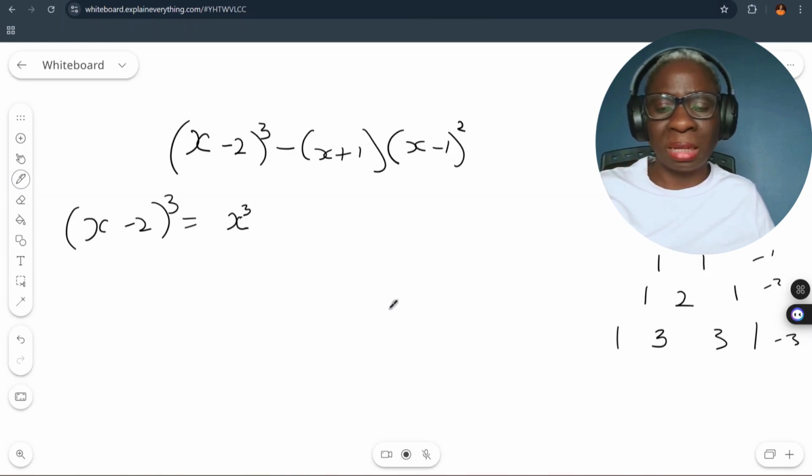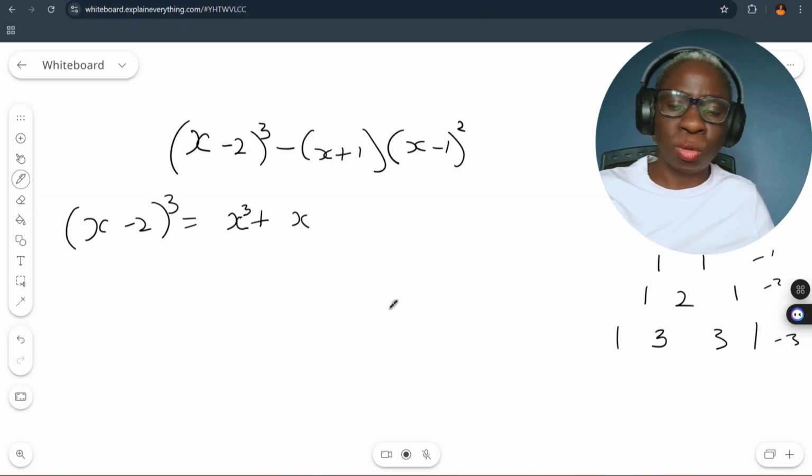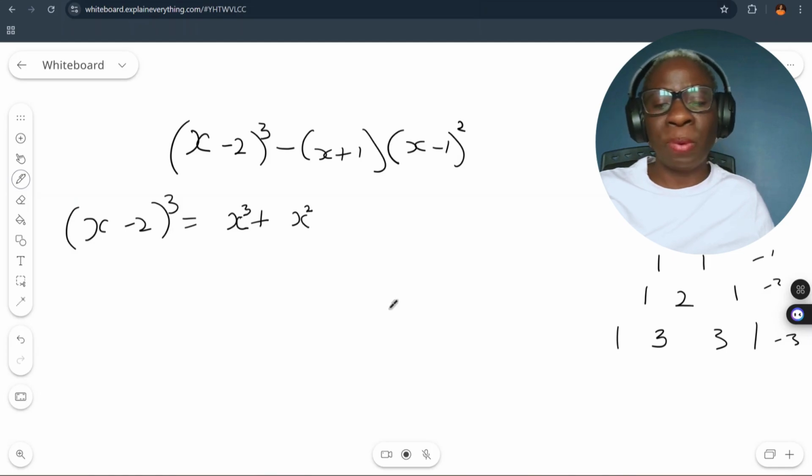So we'll just leave that like that. Then we say plus, we pick the first one again, x. This time around, it will decrease, it will be raised to power 2, and then we pick the second term, which will be minus 2. This time around, it will be raised to power 1. Remember that at the first point, it was raised to power 0.